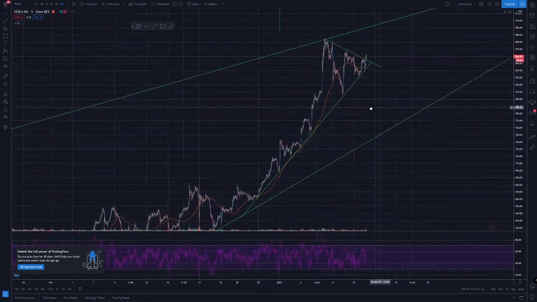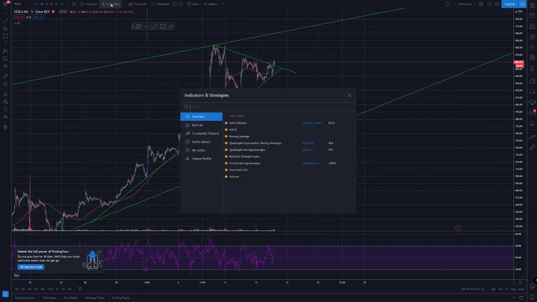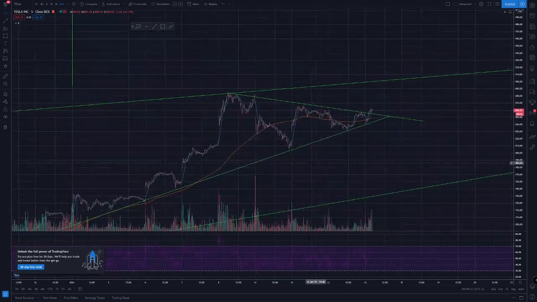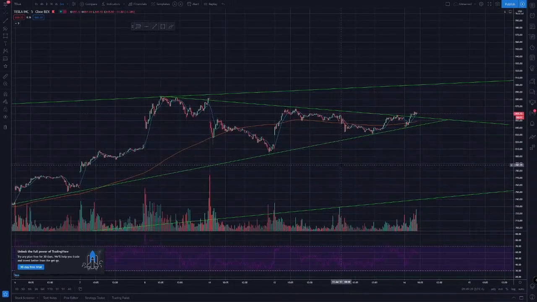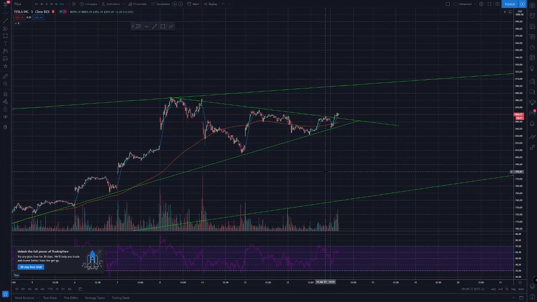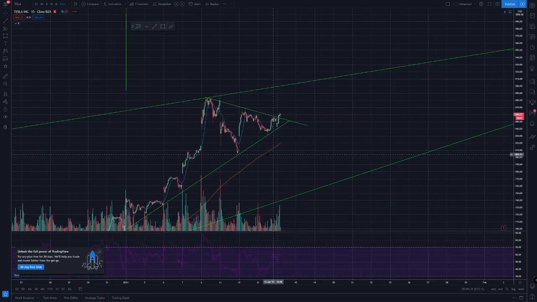Okay, so from just this alone, where's my volume at? Let's go to the indicators. Different time frame. I'm not seeing anything on this one.